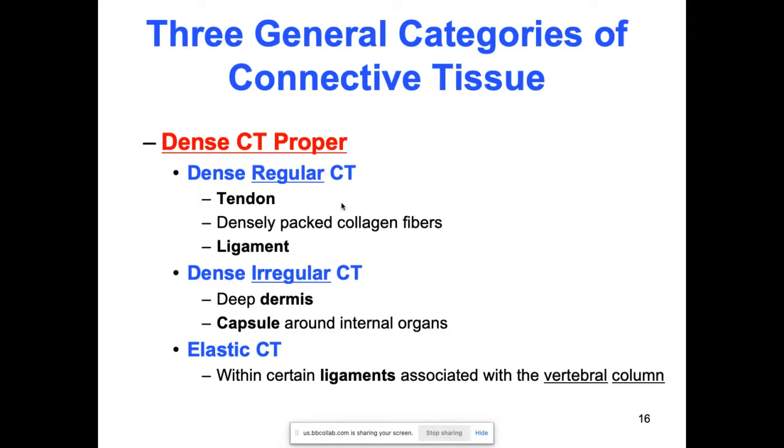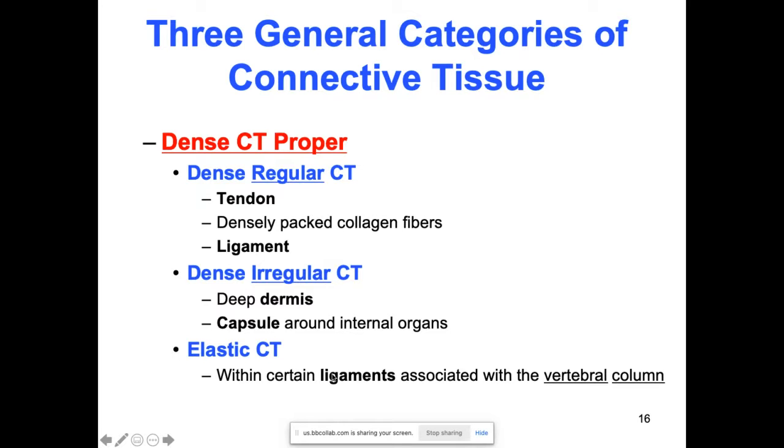But dense irregular is where we're going to see collagen fibers in different directions. They're not all linear in the same direction. They could be even perpendicular to each other. Okay? So muscles and tendons, when you look at muscles, you're going to see fibers in the same direction. But dense irregular, we're going to see fibers in a multitude of directions.